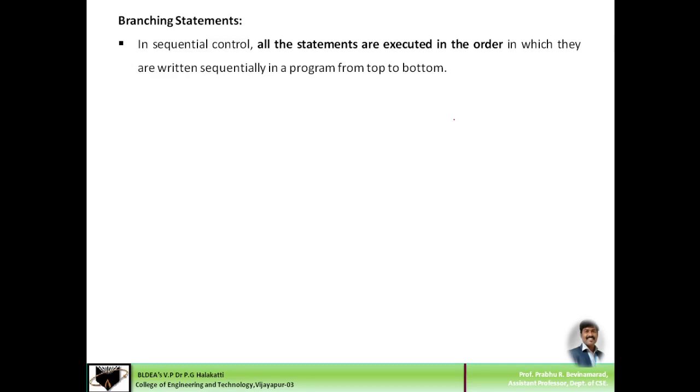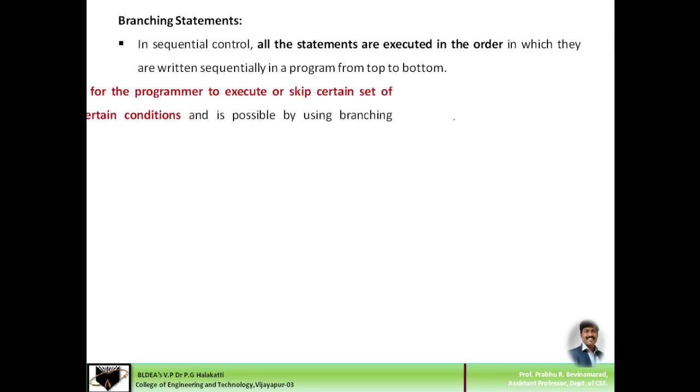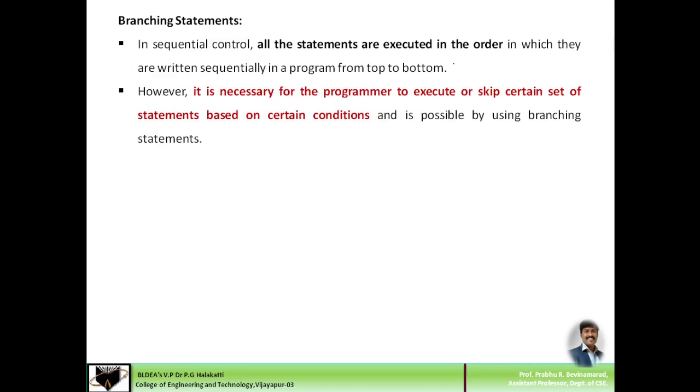In sequence means a program will be executed in a top to bottom manner. The first statement will be executed, after that the next statement will be executed, and so on. Like this a program will be executed. But in the case of a conditional branching statement, a program will be executed depending upon some condition.